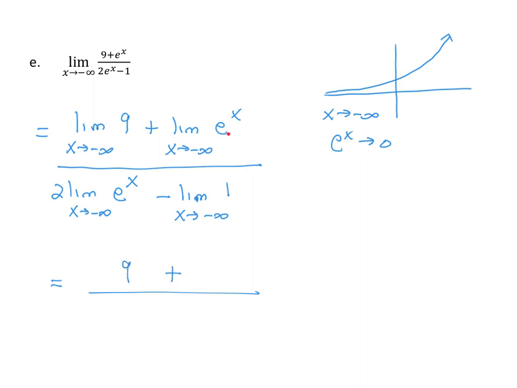Plus, by this graph and moving in this direction, the y values go to 0, so I can just call this thing 0. This is 2 times something going to 0, so it's going to be 2 times 0, and then minus 1. When you simplify this, you get 9 over negative 1, and that's just negative 9. And that's the answer for this limit.